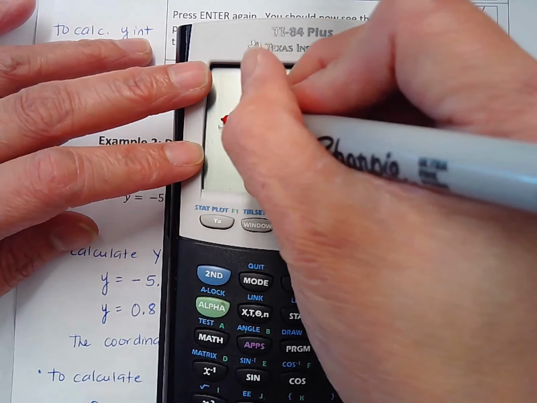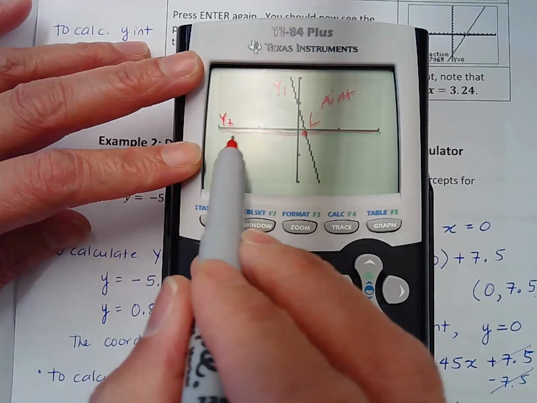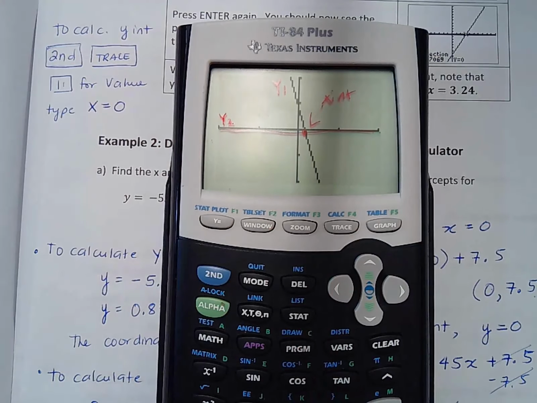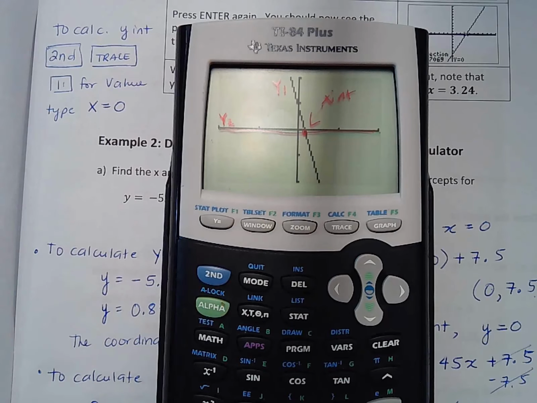And then there's y2, which is this horizontal line. And where they meet, that's where the x-intercept is. Okay, I'm telling you, it's a lot of steps in here. Not so many, but let's do that. How can we figure out the intersection of those two points?